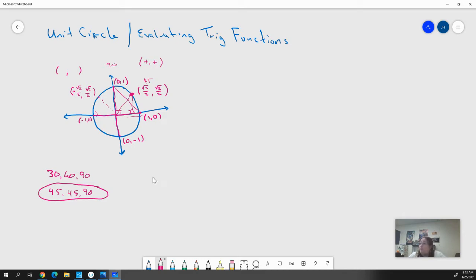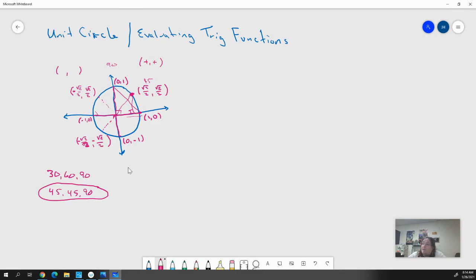What if I divided this 90 degrees in half and I drew the line here? My point would still be radical 2 over 2, radical 2 over 2. But in this case, both would be negative, right? Because here my X's are negative on this side, but also down below the x-axis, my y's are negative as well.